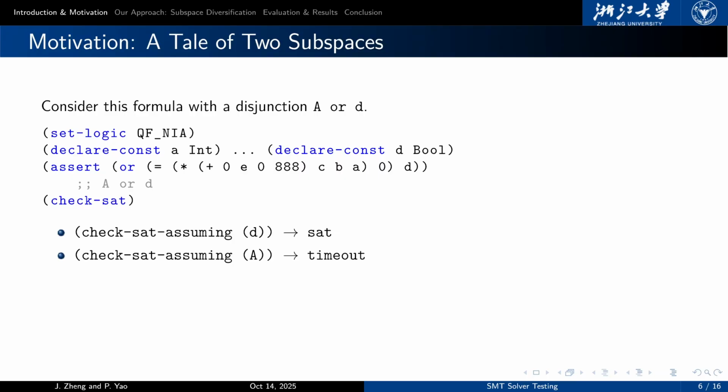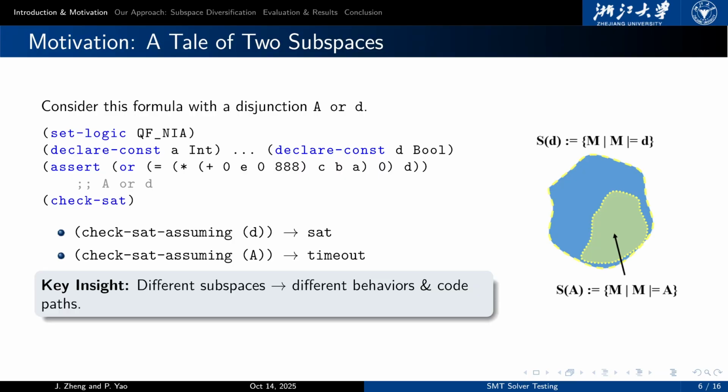This example clearly shows that the solver's behavior is highly sensitive to the region of the solution space it explores. Many solvers employ deterministic search strategies, which means for a given formula, they may repeatedly follow the same path, ignoring other regions where bugs might exist.